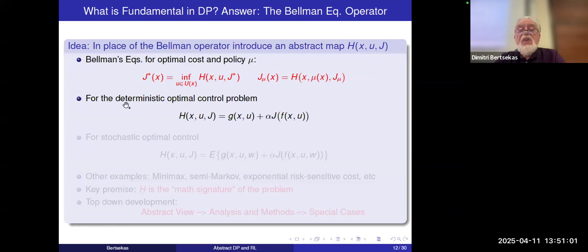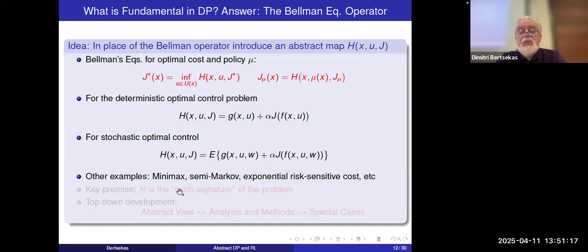So for the deterministic optimal control problem, H has this form that I gave earlier. For the stochastic optimal control problem, it has this structure here that I gave earlier, and it involves expectation. The minimax problem also has a similar structure with maximization in place of expectation.